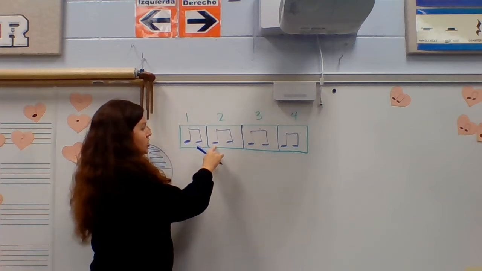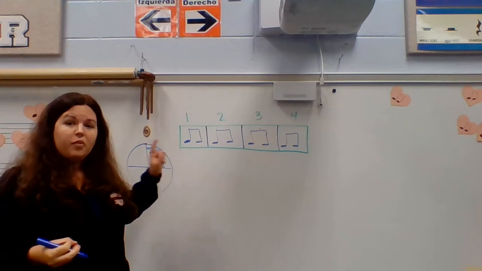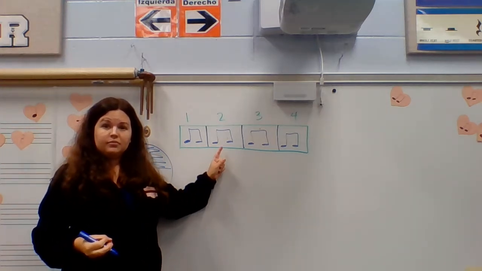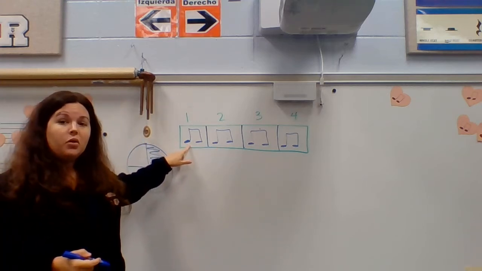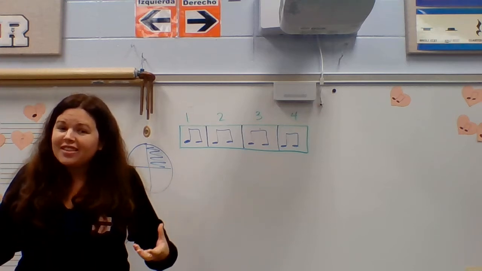Because remember, each of the note heads is a sound. How many note heads, how many sounds do you see in this measure? 8. So each one of these note heads is 1/8 of the sound of the measure. That's why they're called 8th notes.